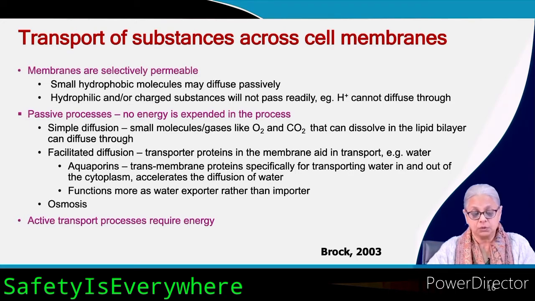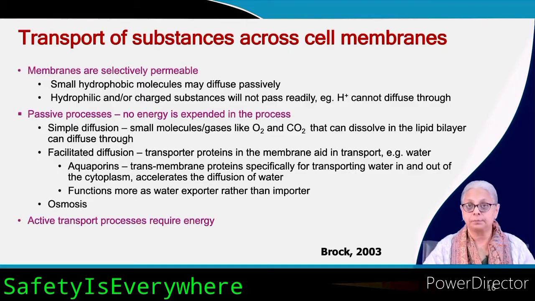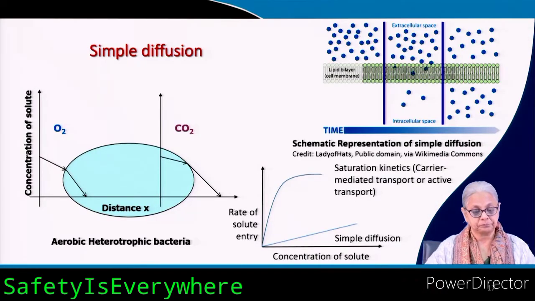And the last one is active processes, which require energy. So active literally means the cell has to utilize energy for pushing things through, in or out, and passive means no energy is utilized. So let's take a look at the passive processes first, and then we will take a look at active processes.